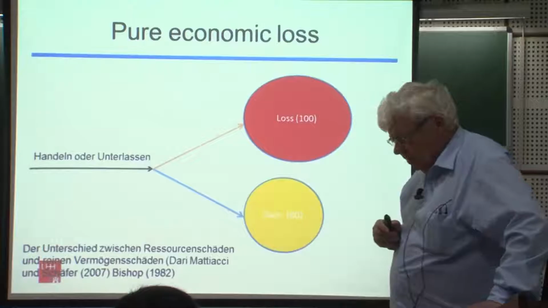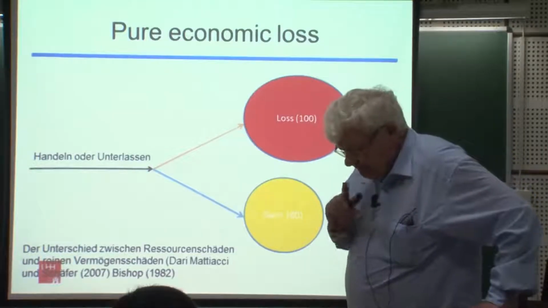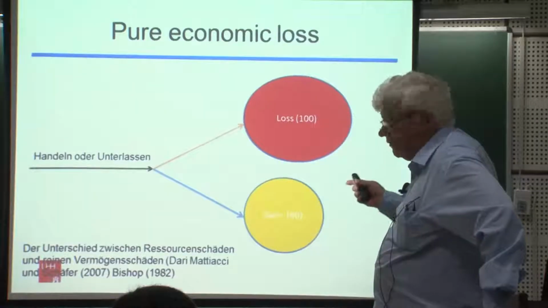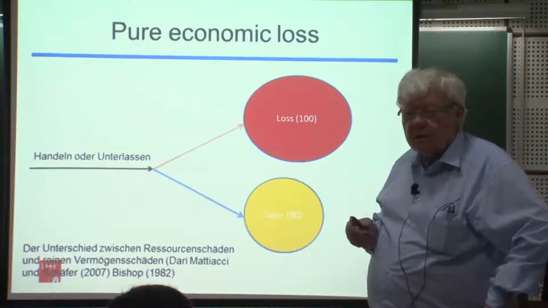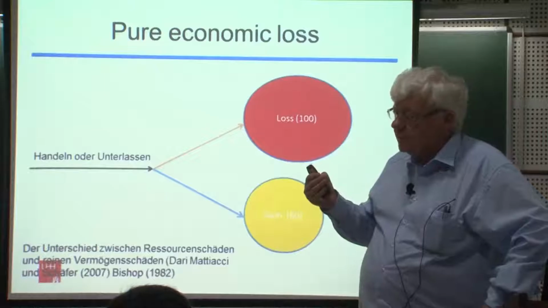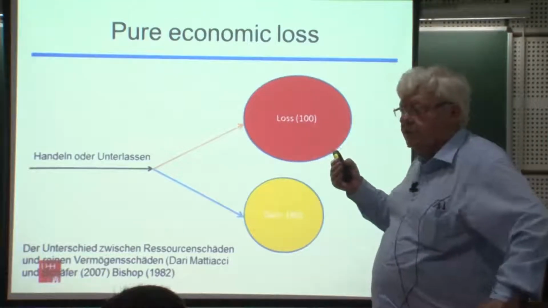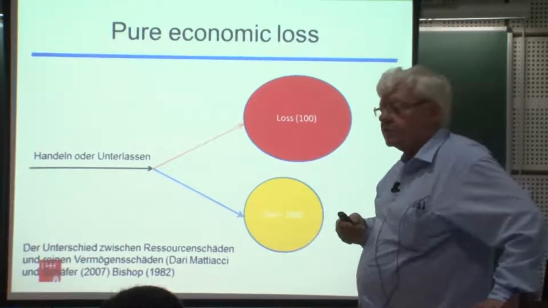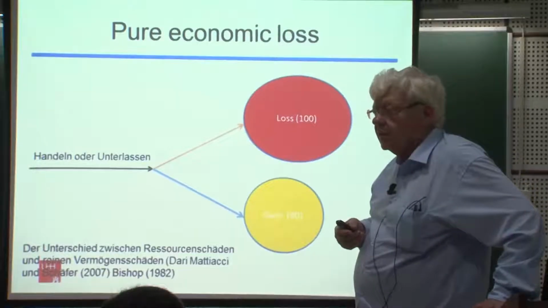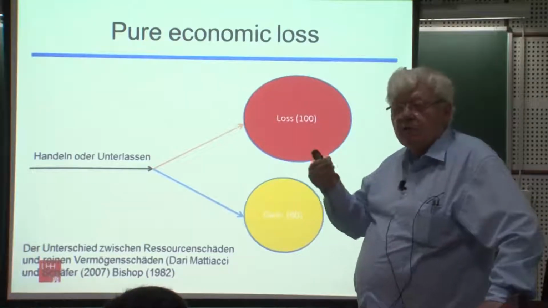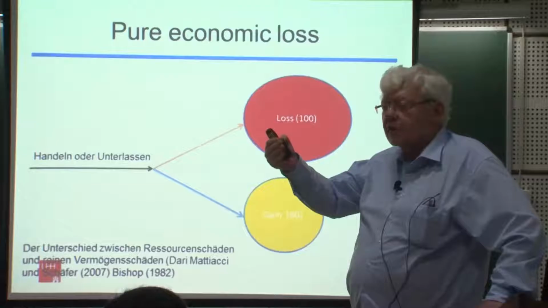And now if we compensate for these losses, for the 100, then we give incentives to the tortfeasor to avoid losses of 100, but the real losses for the society are only 20. So from a societal point of view, we get an overcompensation and over-deterrence.